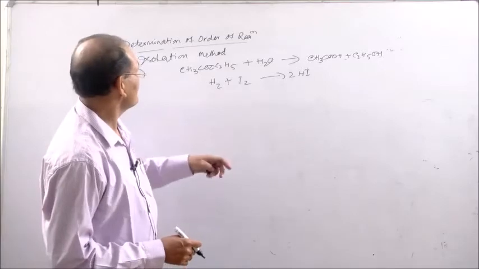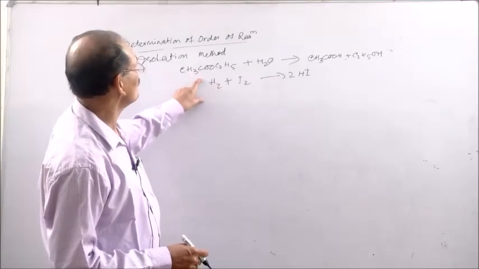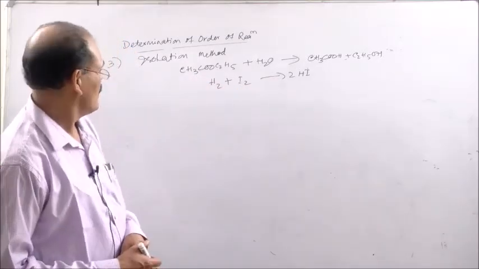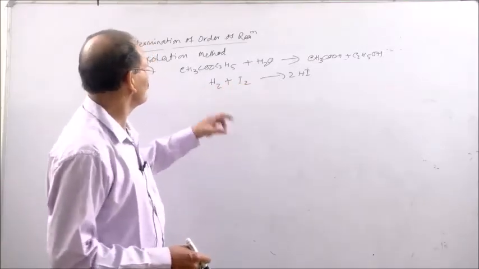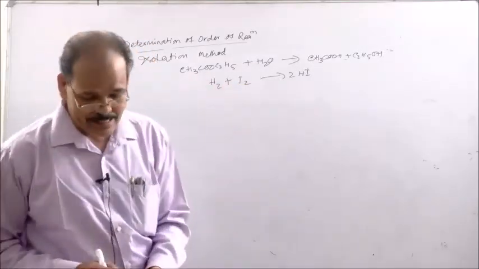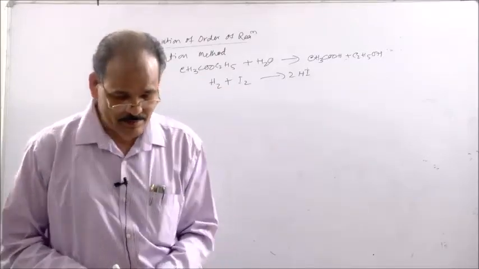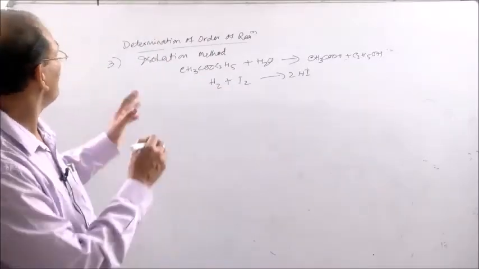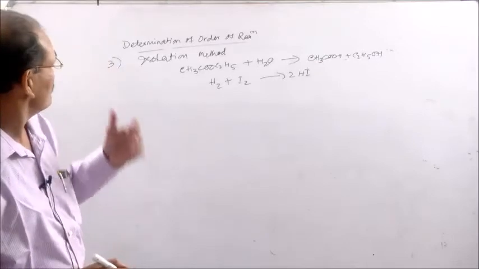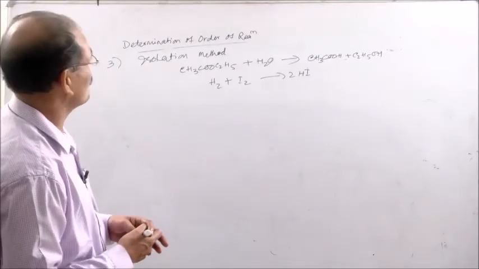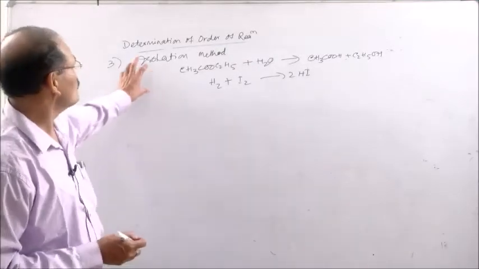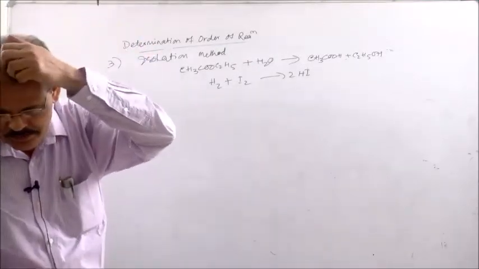And in the second case, if the hydrogen concentration is more than that of iodine, or the concentration of iodine is more than that of the hydrogen, one concentration term is neglected, so that the other can be calculated by the partial elimination or isolation method. This is the way to determine the order of the reaction.